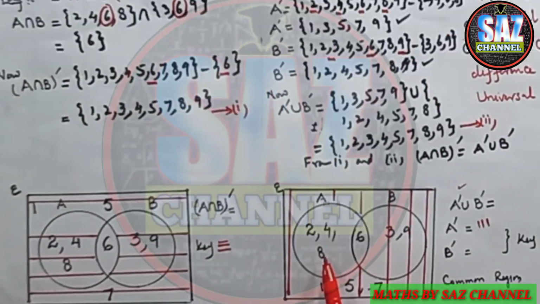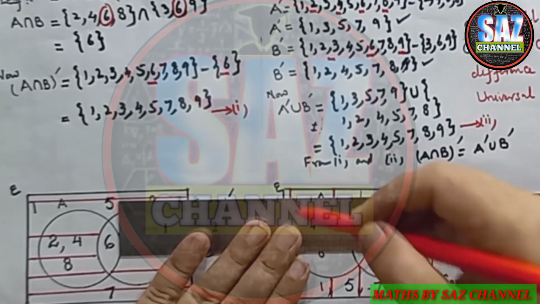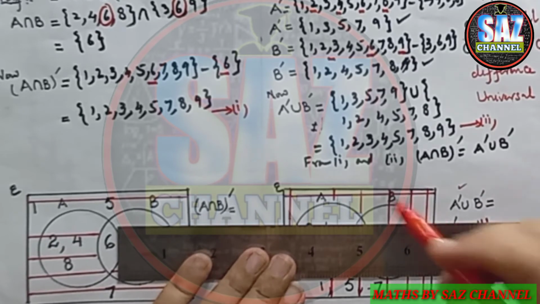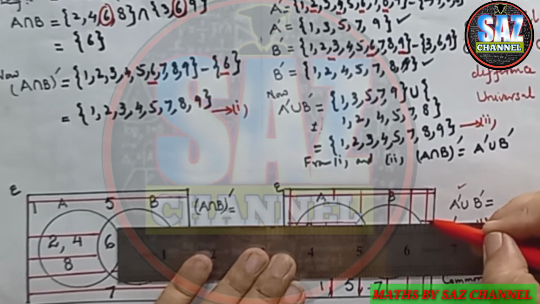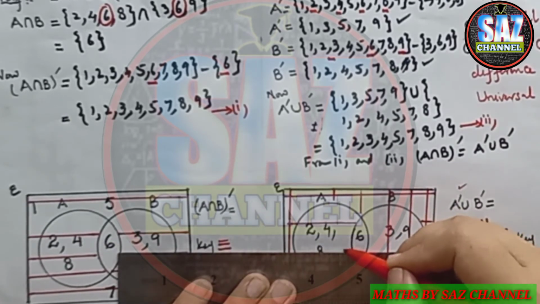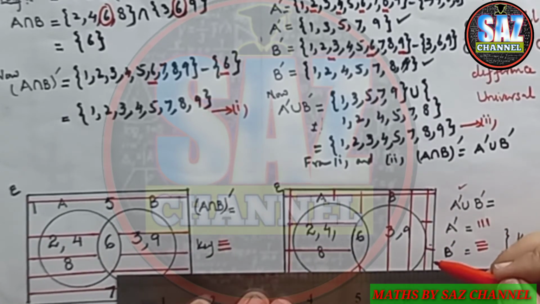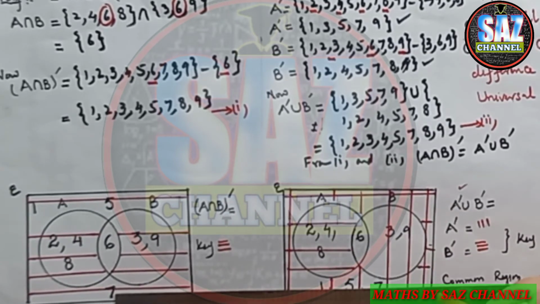So what I will be doing, I will be marking the answer B complement such that I do not have to touch and go inside set B. I have to remain outside set B, and some portion of universal, and my shading will be coming over here, outside this B and the universal as well.